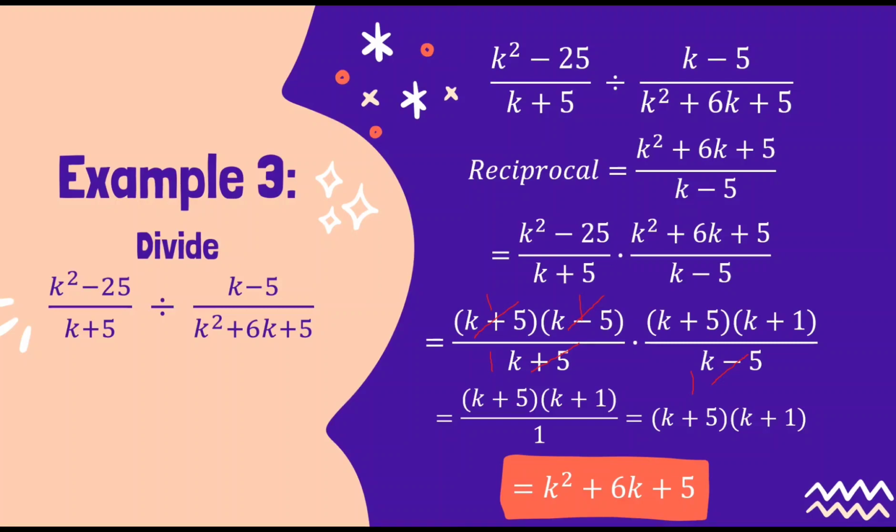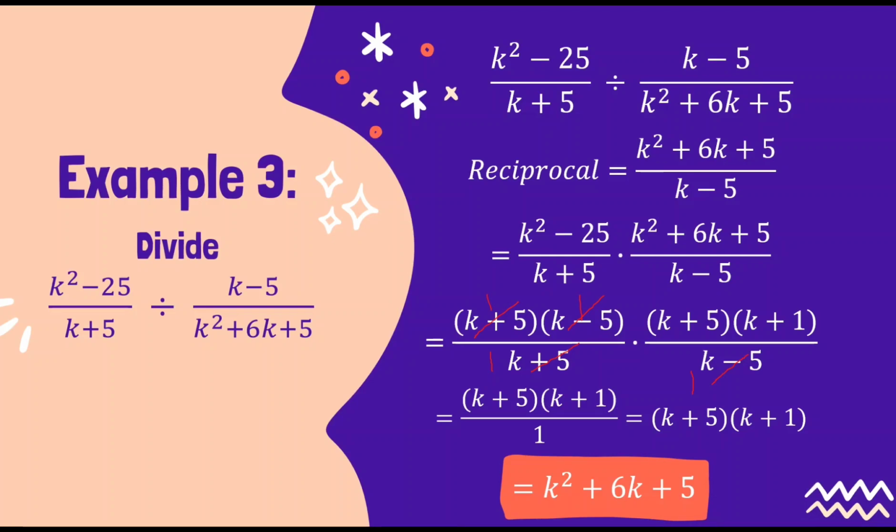How about our numerators? It becomes 1 and then 1, and 1 times 1 is 1. Since our denominator is 1, we can rewrite it as k plus 5 times k plus 1. After this, we can now proceed to multiplying the two binomials.